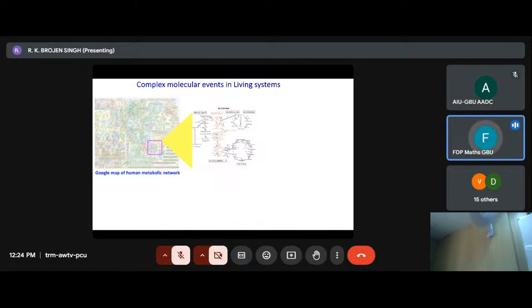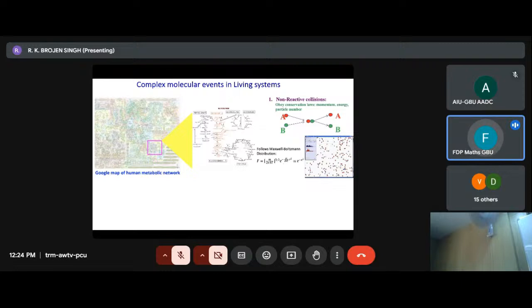The physicists and mathematicians see that this is just a polynomial. And if you look at this, there are two types of things. One is non-reactive, which says that a particular quantum molecule A and B collide with each other with a certain momentum, and then the molecules move in different directions with different momentum.